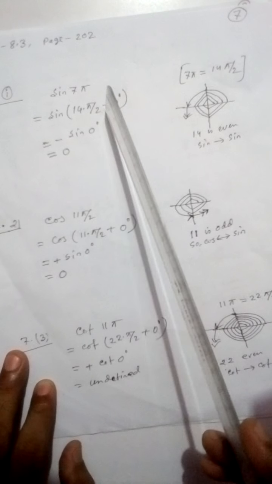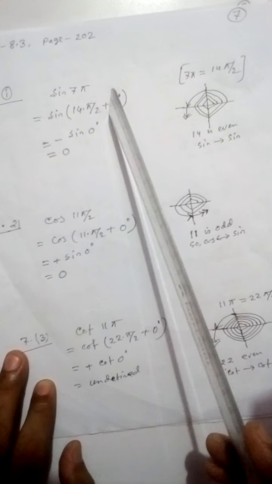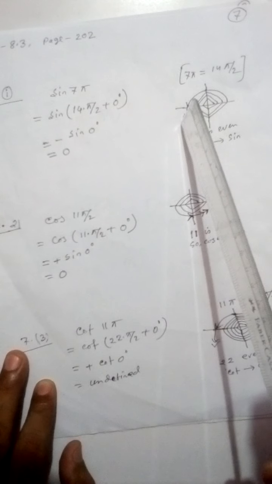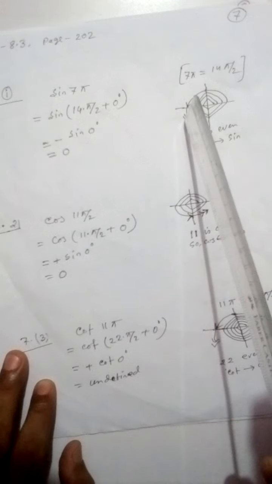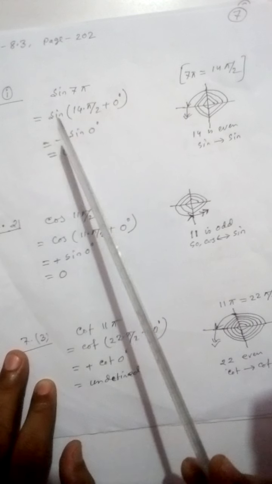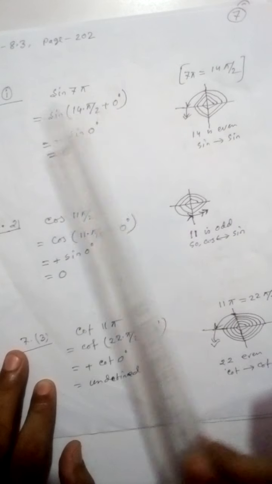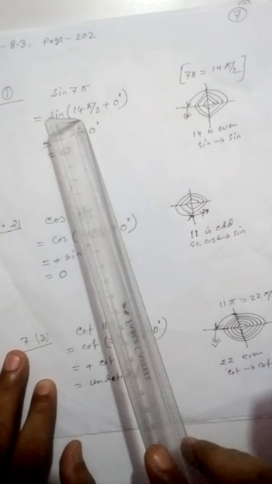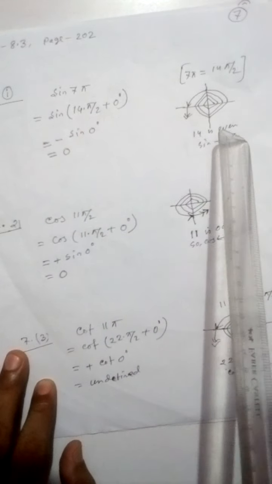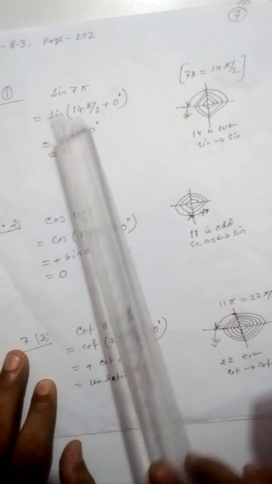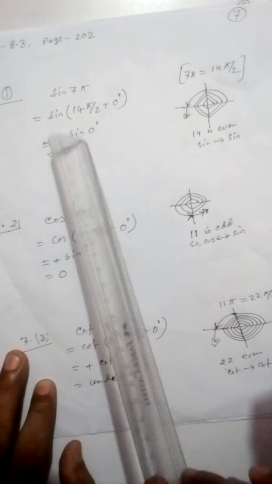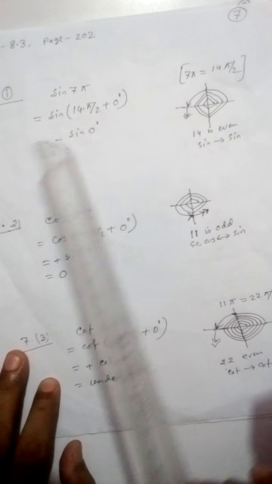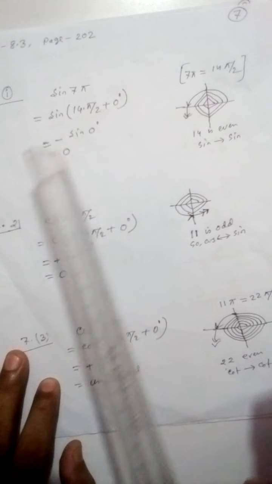But we see that there is a plus sign, so it passes through the third quadrant. We know that in the third quadrant the sign is negative, so minus. Again we see that 14 is an even number, so there is no change, sin remains sin, so minus sin 0 degree. What is the value of sin 0 degree? We know sin 0 degree is 0, so minus sin 0 degree equals 0.